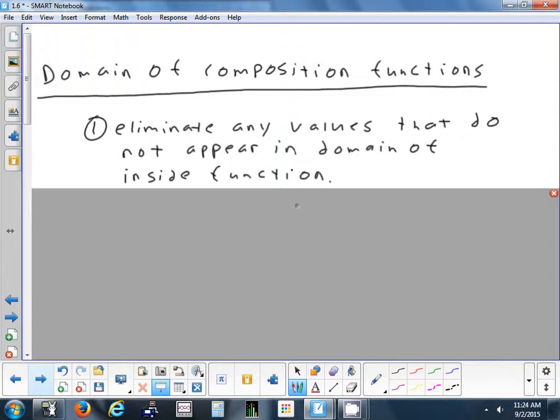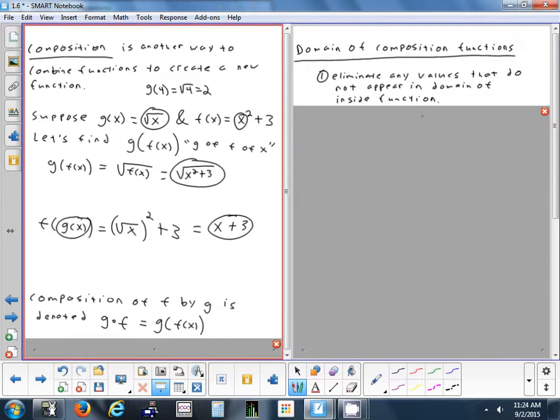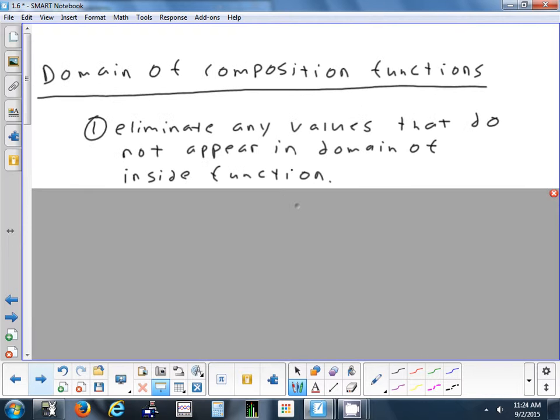We'll eliminate any values that do not appear in the domain of the inside function. What do I mean by inside function? I mean that one. Or in this case, that one. It's the one that's inside the parentheses. So eliminate any values that are not in the domain of the inside function.